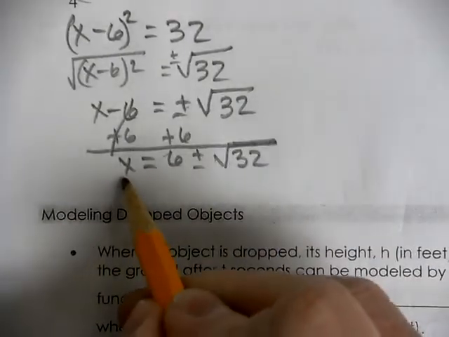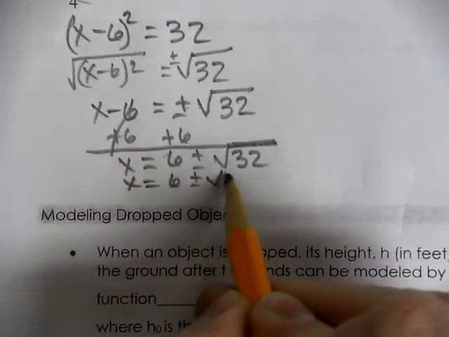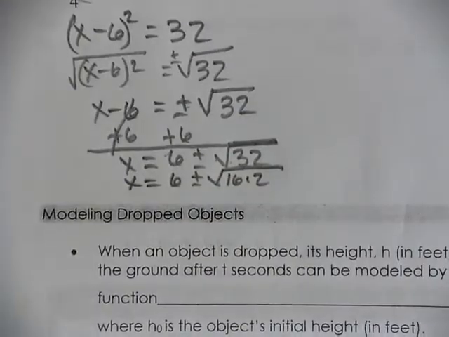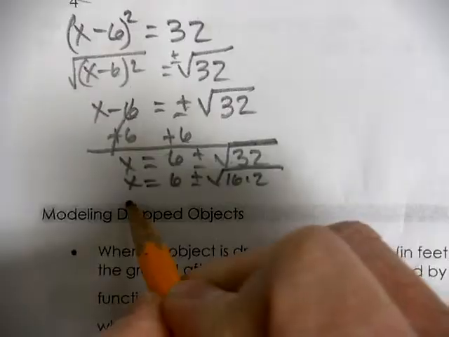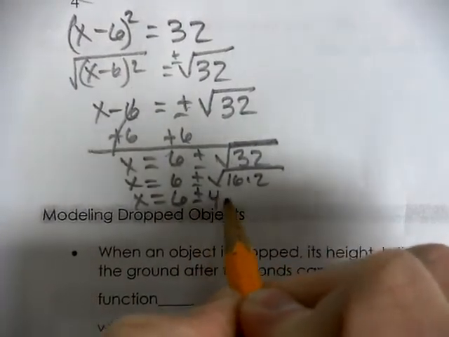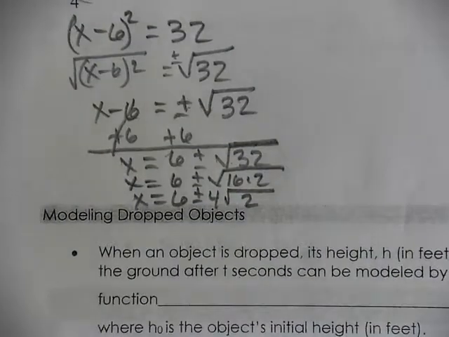Now 32 can be broken down. 16 times 2 makes 32. So that gives us 4 root 2. So 6 plus or minus 4 root 2.